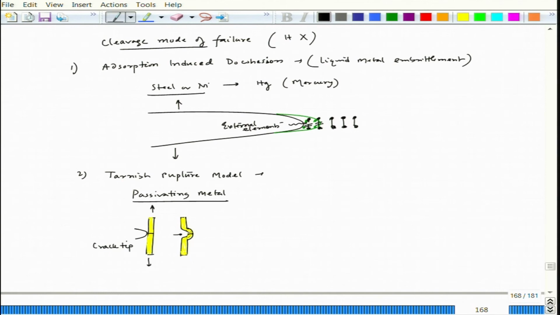After that, again that particular surface would be forming a passive layer.